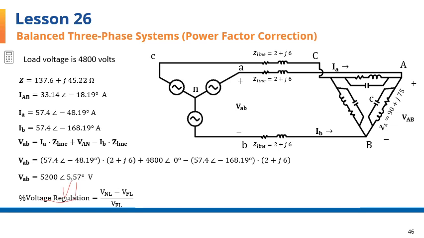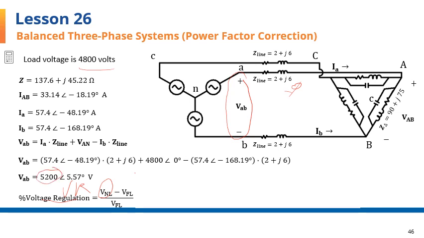Voltage regulation, or VR, equals voltage at no load, which is the VAB, because when there is no load, there's no current passing through the lines, so the voltage drop over the lines is zero, and the entire VAB of the generator shows up at the load. So at no load, the voltage is what we just found, 5200.